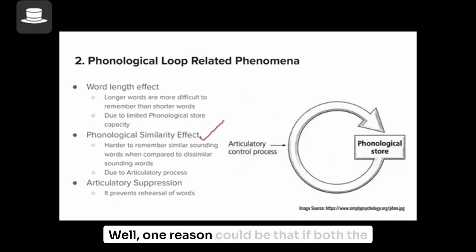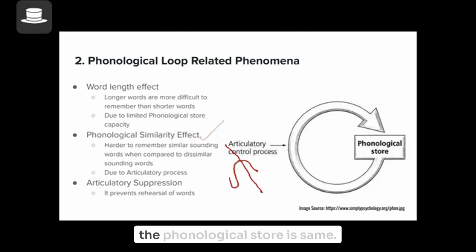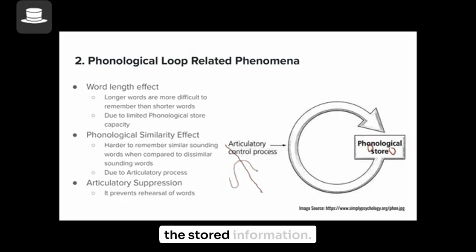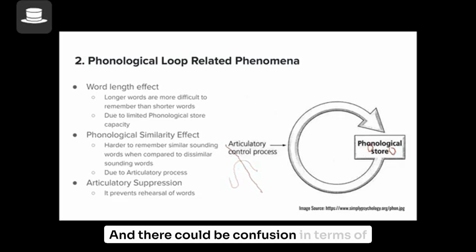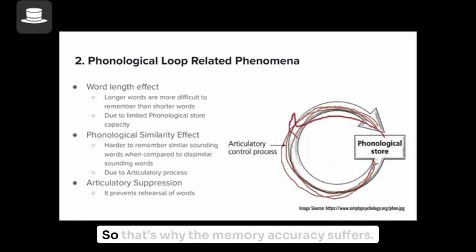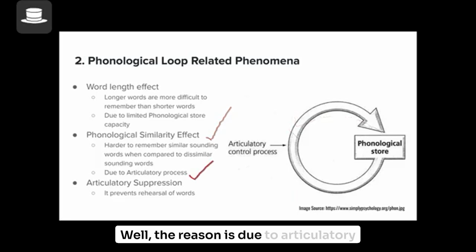One reason could be that if both lists of items have the same number of syllables, what is in the phonological store is the same. What is different is how you are retrieving the stored information, and there could be confusion in repeating or retrieving similar sounding words as compared to dissimilar sounding words. So it will be harder for the system to retrieve similar sounding words. That's why the memory accuracy suffers. So the reason is due to the articulatory process.